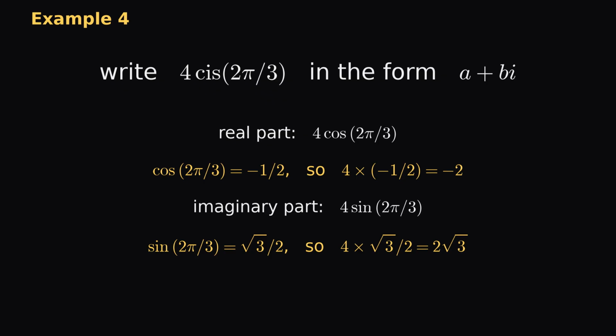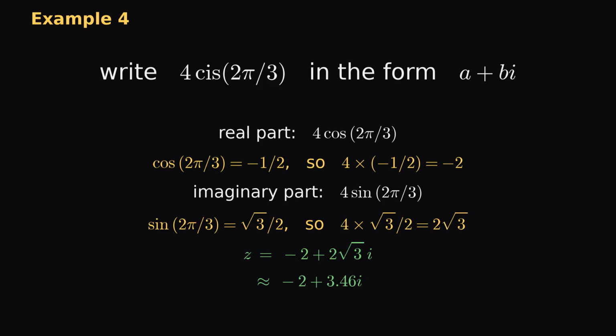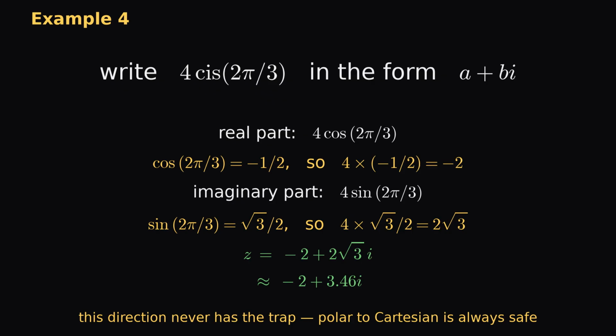Sine of 2 pi over 3 is root 3 over 2. So 4 times that is 2 root 3. Minus 2 plus 2 root 3 i. About minus 2 plus 3.46i. And notice, this direction never has the trap. Going from polar to Cartesian is always safe.